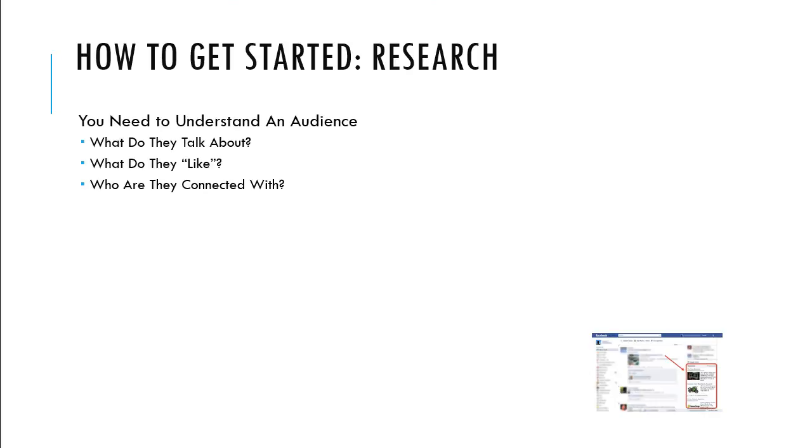In order to do a proper amount of research before you start running campaigns on the Facebook ad network, you're going to want to understand your audience, and we talked about this in the first video.